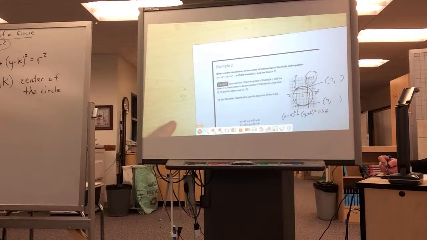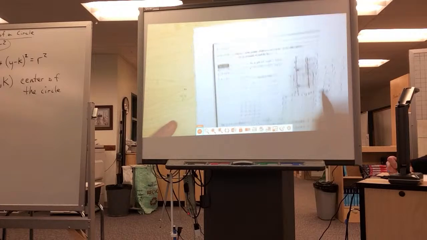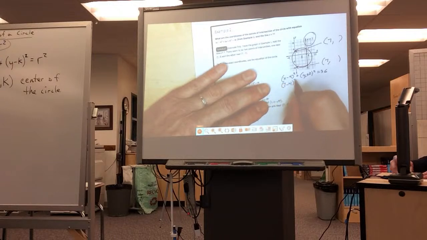So there's a lot of order of operations we've got to keep track of here because we've got y buried inside of this set of parentheses and it's being squared. So you've got to pay attention to that. So here's the trick with this. If we put 7 in for x, rewrite the whole equation.